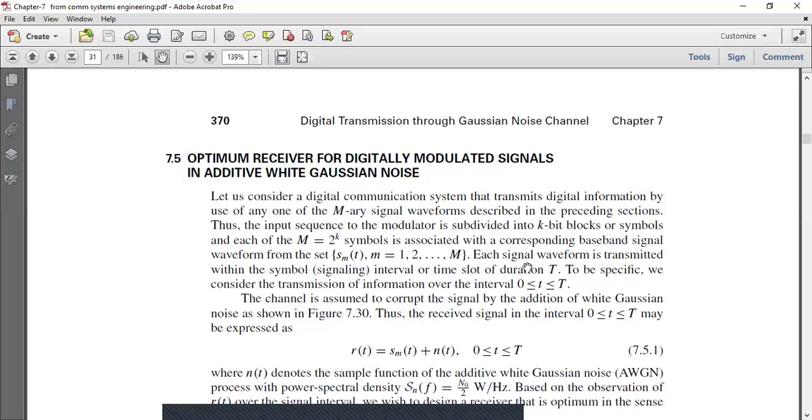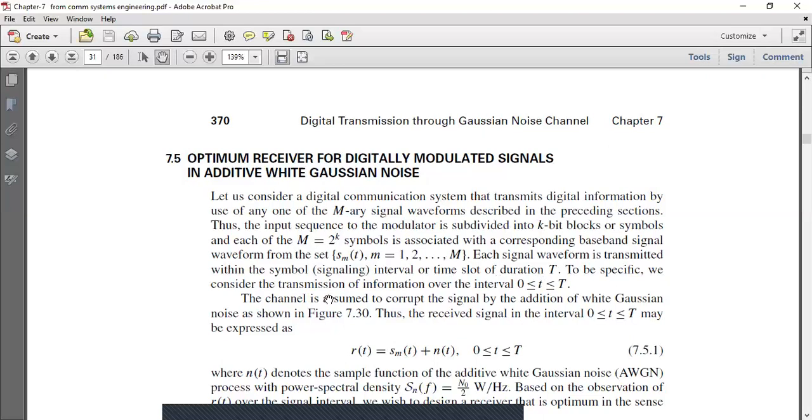Each signal waveform is transmitted within the symbol interval or signaling interval or time slot of the duration T. So each symbol is transmitted within the symbol interval.